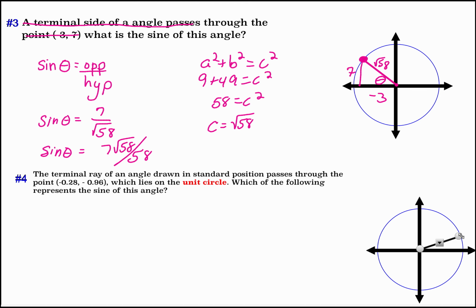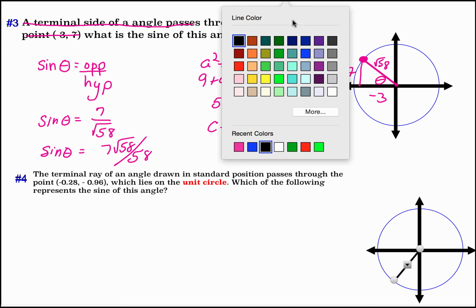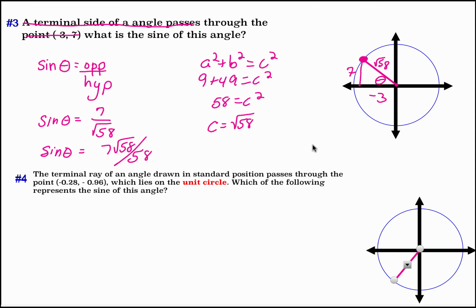It got rotated to negative 0.28 in the negative direction, and then I go down negative 0.96, so I'm right there. It asks which of the following represents the sine of this angle. Obviously I didn't finish typing this question out, but no worries, we can figure that out.